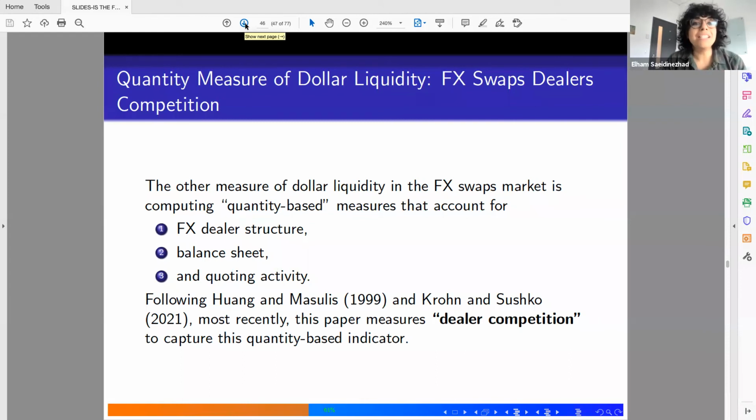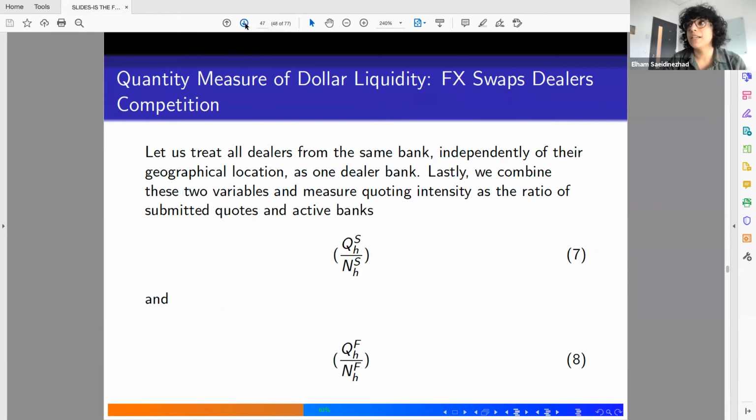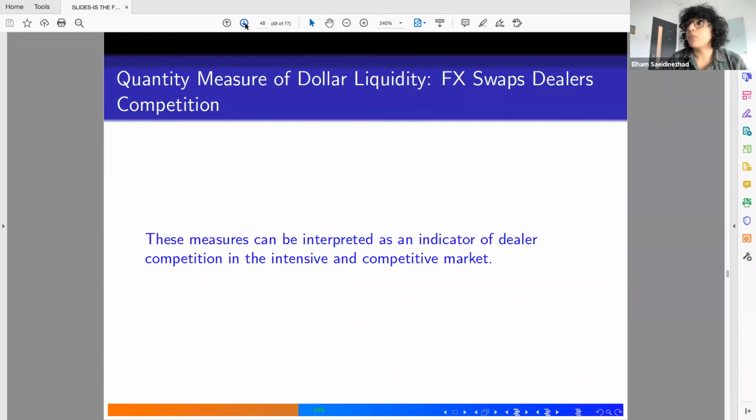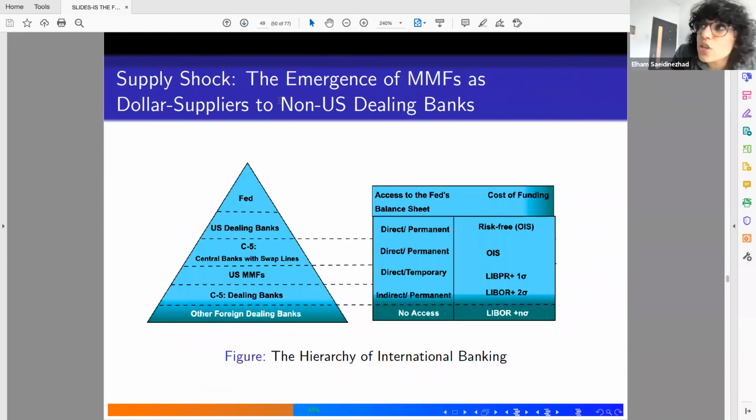It is only an increase in the competition between the dealing banks that is going to actually improve liquidity in both markets.